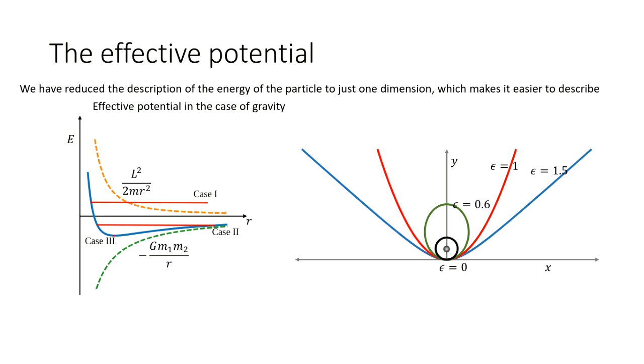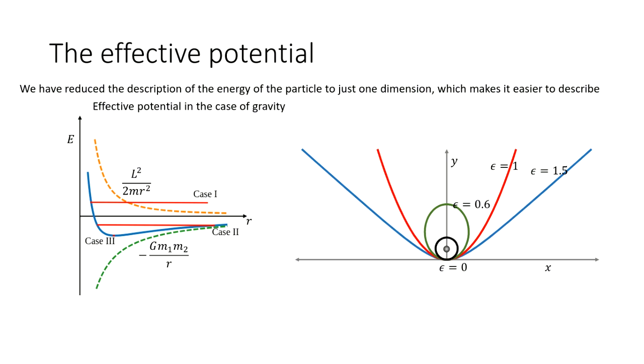So what it's saying here is this object has come in from infinity. It gets attracted to this, but then this repulsive angular momentum part is too great, and that throws it back out, and this thing goes back out to infinity.